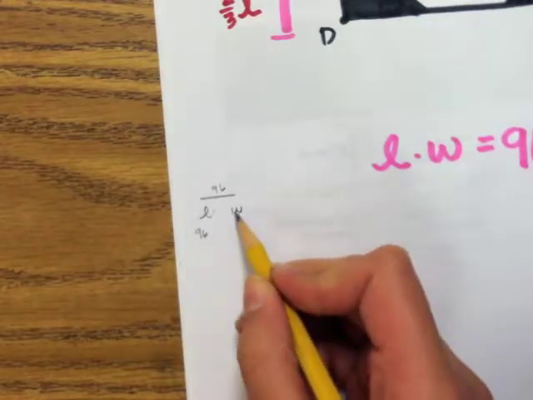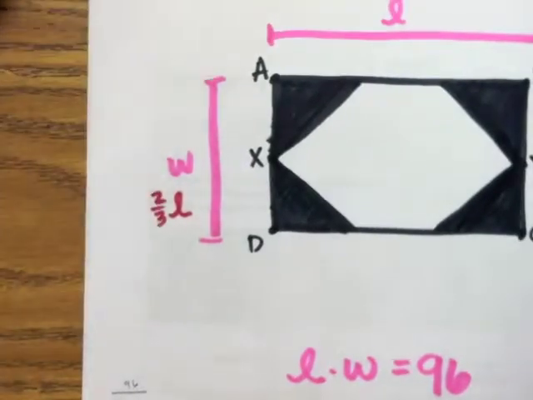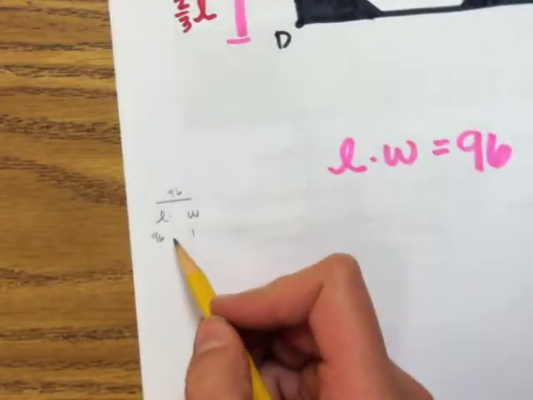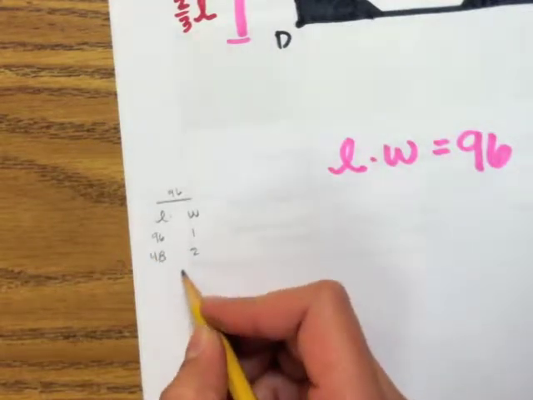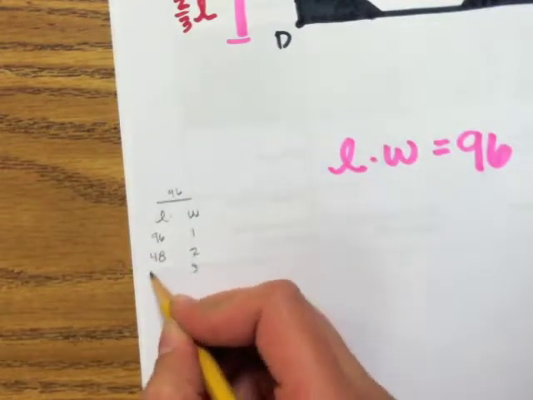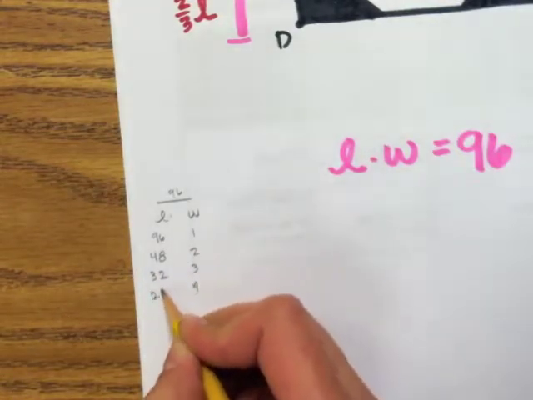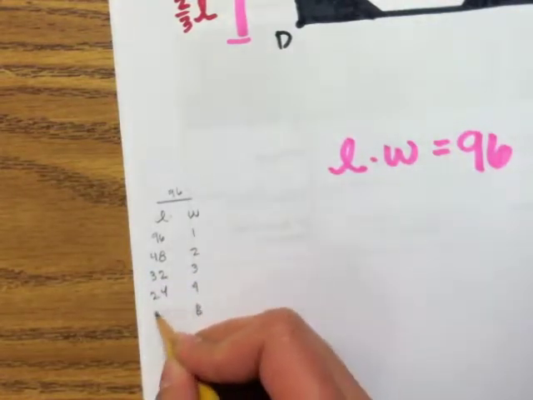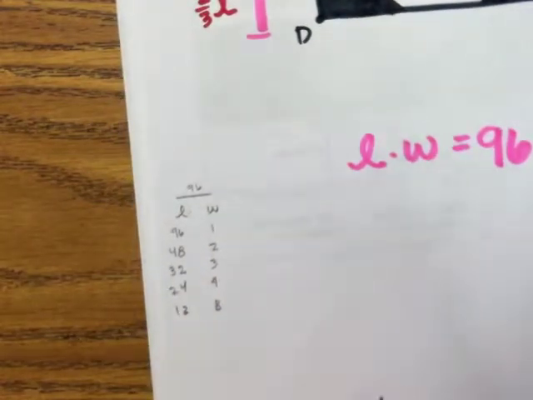Now I put the 1 on the width because the width here represents a smaller distance. So 1 times 96, or 2 times 48, or 3 times 32, or 4 times 24, or 8 times 12. Those are my factors of 96, my integer factors of 96.